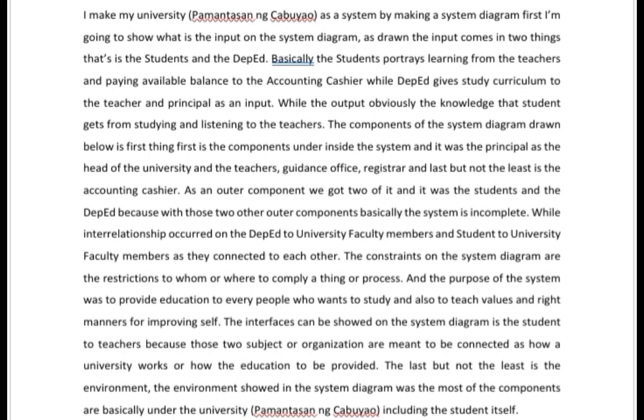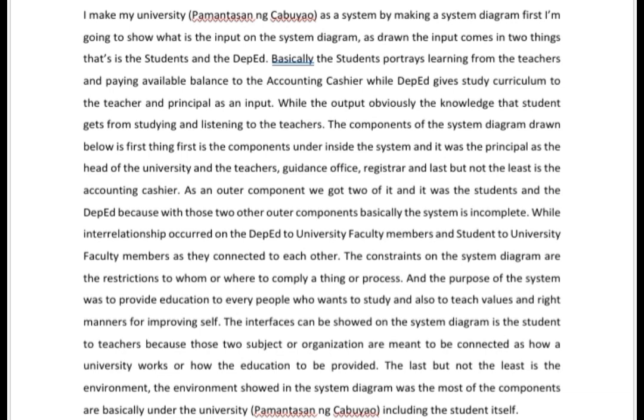And next one, we're talking about constraints. Constraints on the system diagram. Basically, yung constraints ng system is about yung restriction, kung baga to whom or where to comply a thing or process.